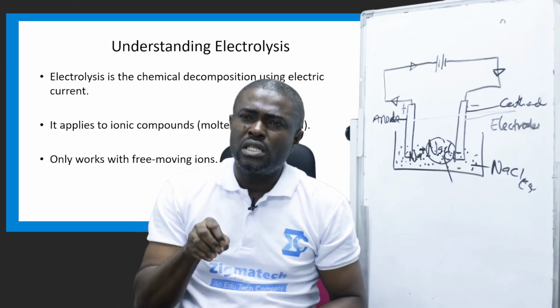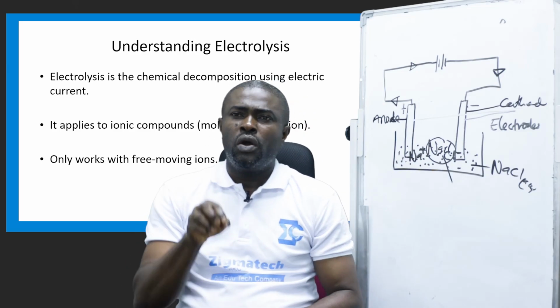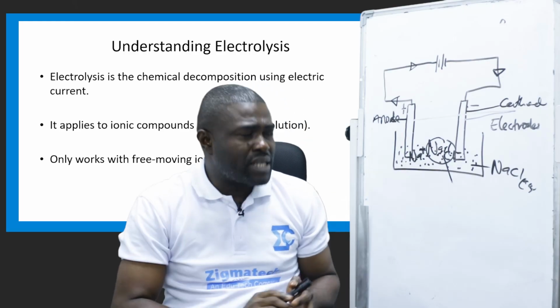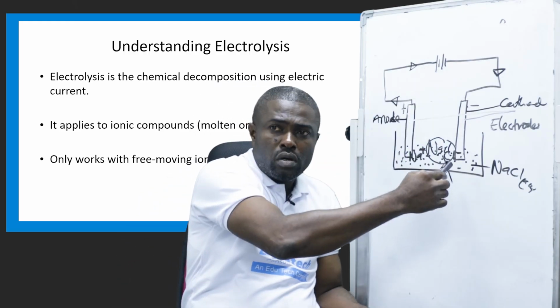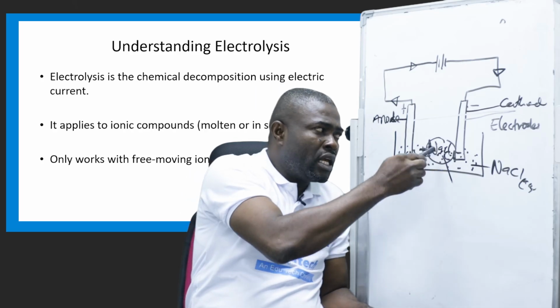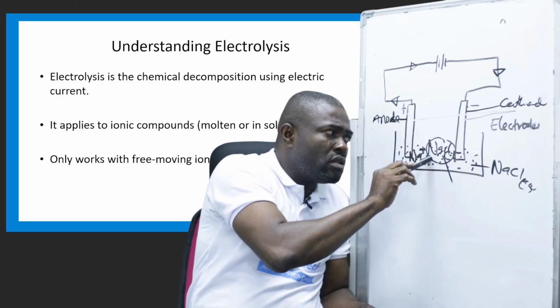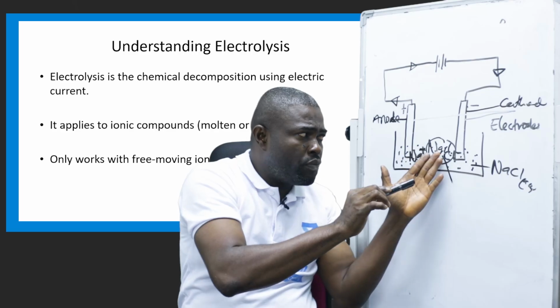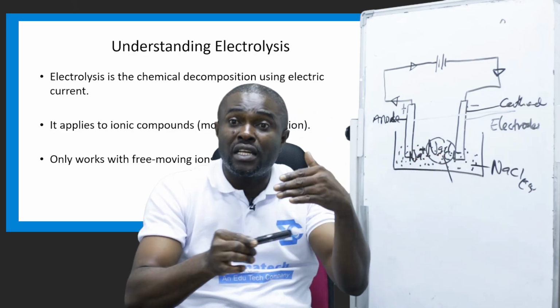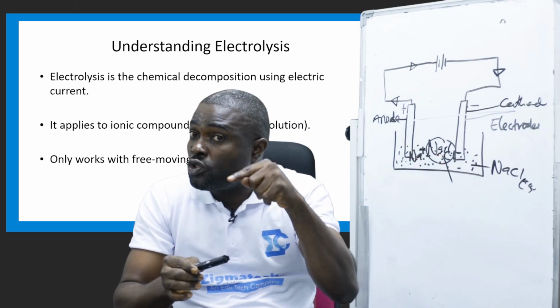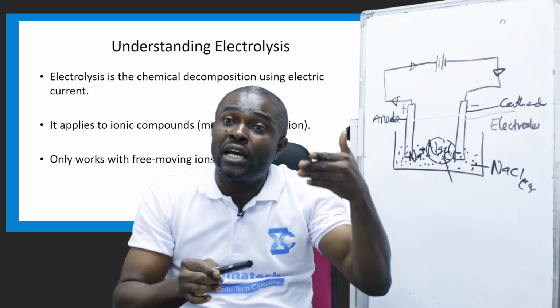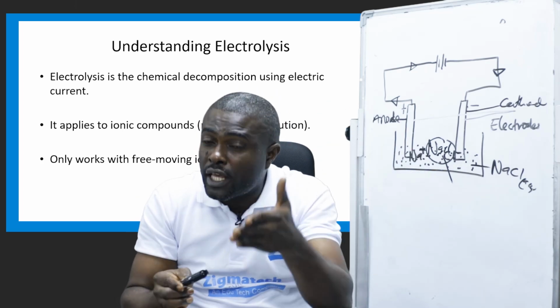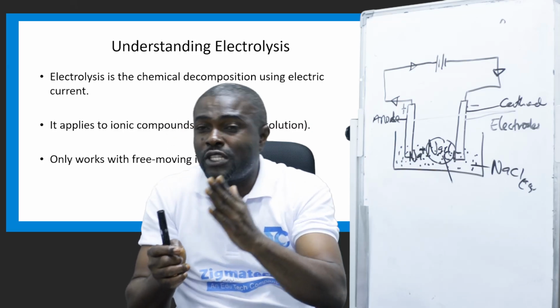When electrolysis is taking place, when current is passing through, the compound here separates into ions, positive and negative. It must be positive and negative because originally I have told you that the compound here is an ionic compound. So it contains ions. It contains positive side and negative.